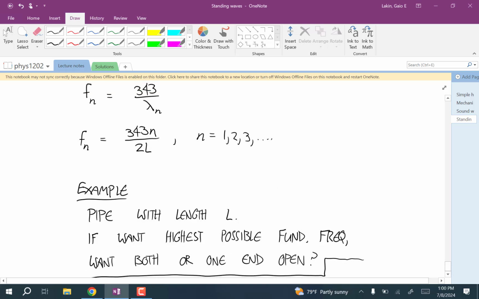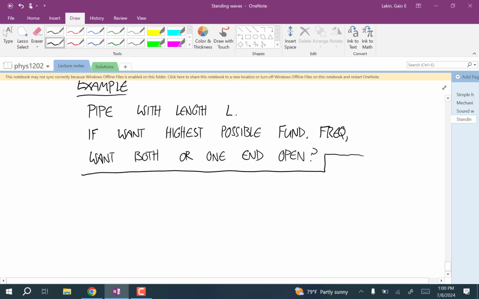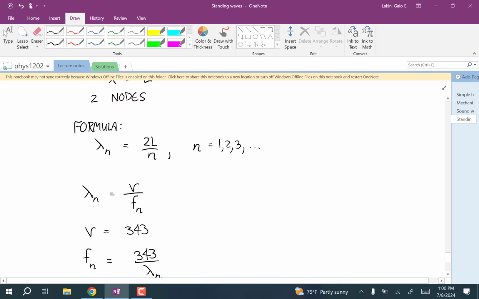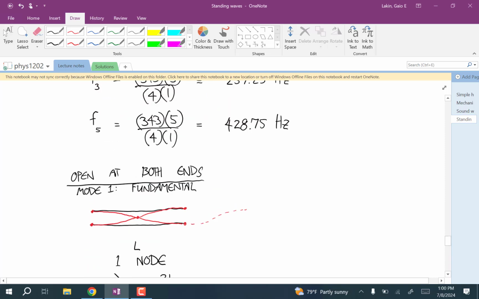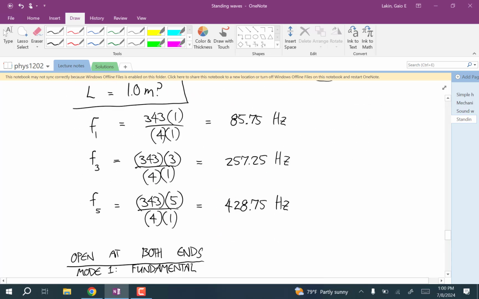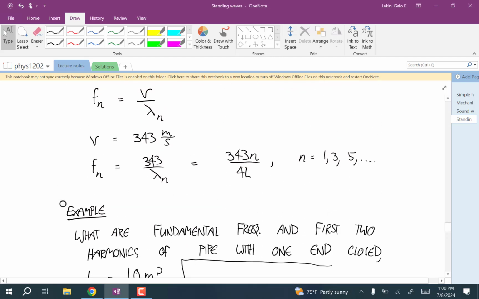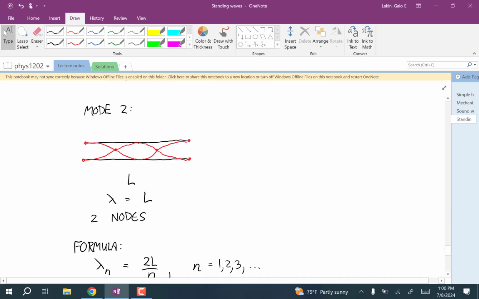So to figure this out, we're just going to go back to the formulas. So for one end, and we're just doing this for the fundamental frequency. That's what the question's asking about. So look back at the formula for one end closed, one end open. And it's 343 times our n is 1 divided by 4L.